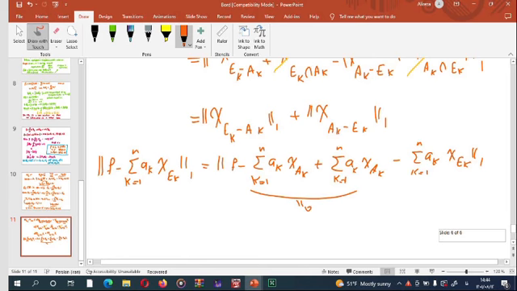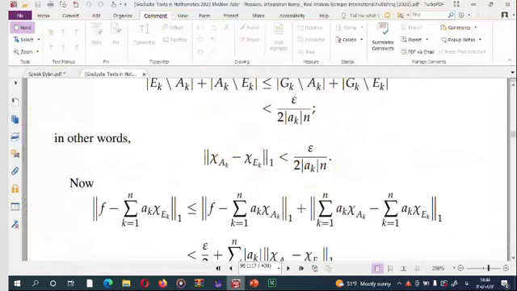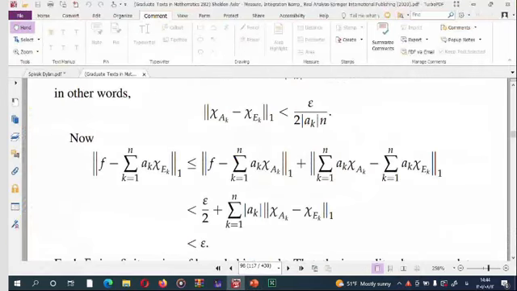This is less than the norm 1 of this plus the norm 1 of this function. And this is less than epsilon divided by 2, and this is less than this, and this, all of these less than these positive numbers, so that all of this less than epsilon divided by 2.